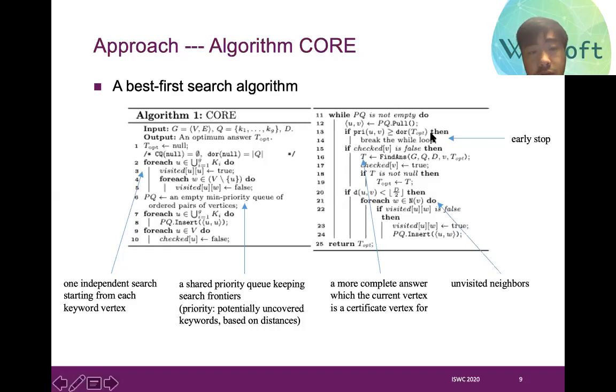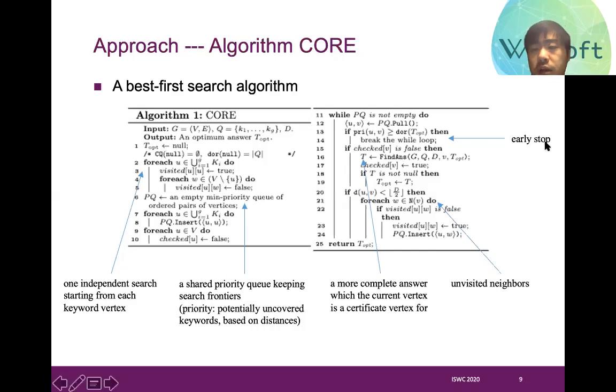So if a more complete answer, which this current vertex is a certificate vertex for, can be found, we will update the current best answer. And then we will explore the unvisited neighbors. Then we just iterate this way, but in many cases, we don't really need to explore every vertex in the graph because we can stop early.